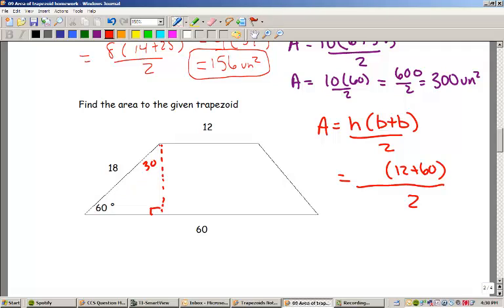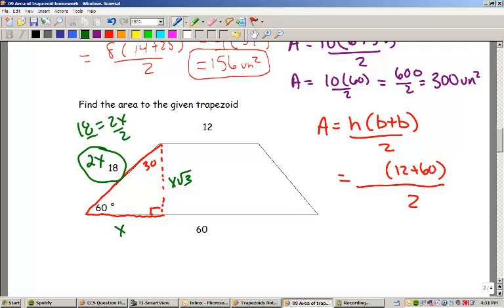Now you have just created a little 30-60-90 triangle. So how do the three sides relate to each other? Across from the 30 is x, across from the right angle is 2x, and the height is x root 3. So again, you take the side that's given to us, set it equal to what it's known as, and then solve. So x turns out to be 9.